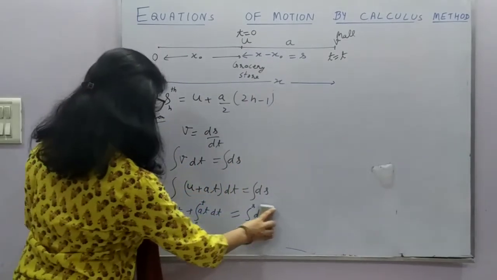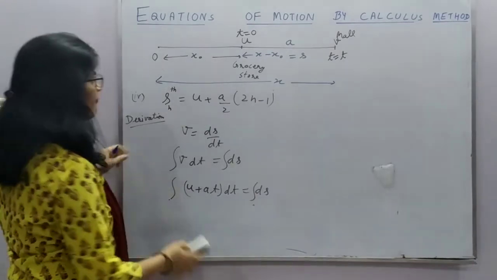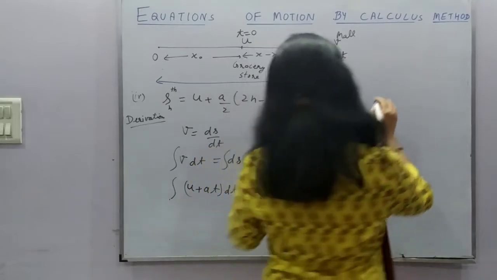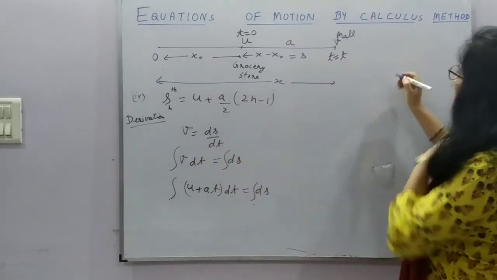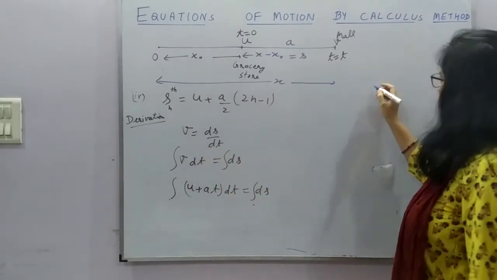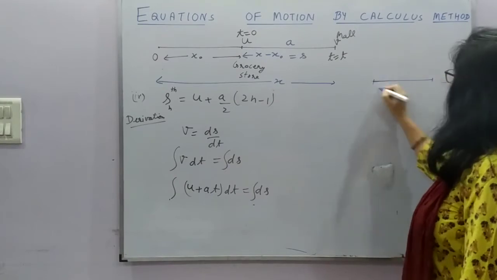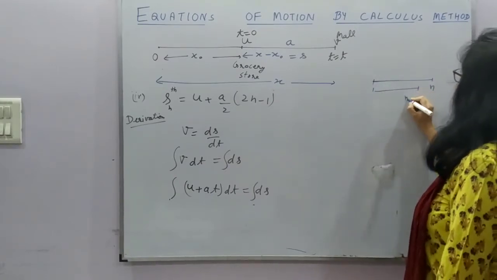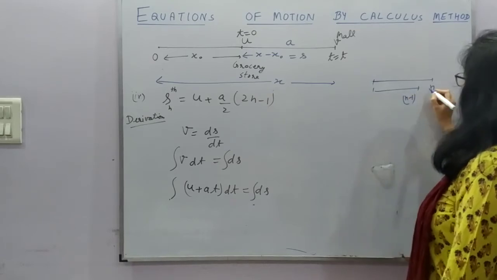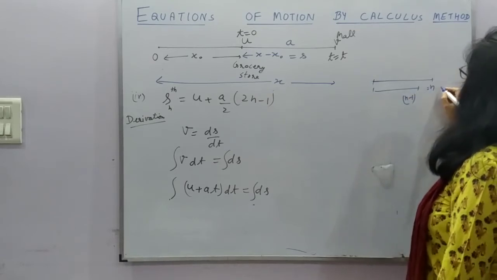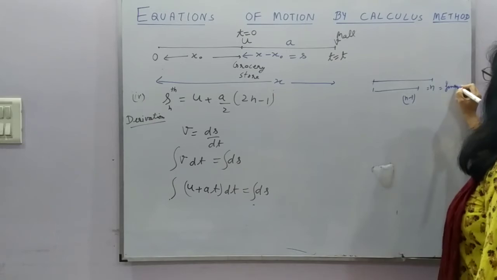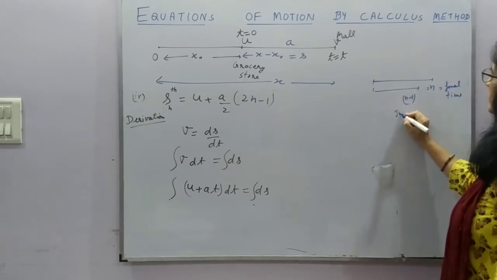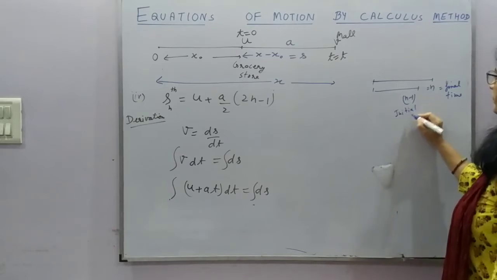We have to find the distance travelled in nth second, so what is the final time? We know the concept of nth second, that if this is the distance travelled in n seconds and this is the distance travelled in n minus 1 seconds, then this is final time and this is initial time.